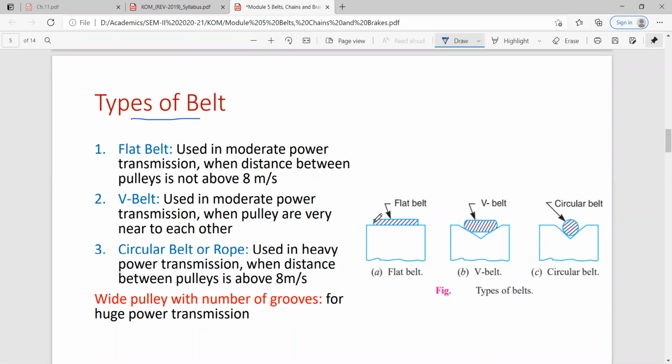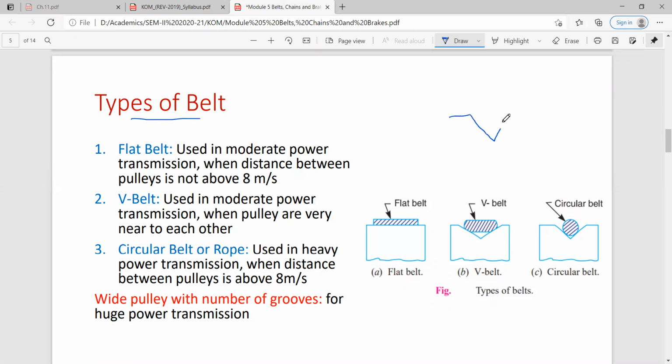You can see in the flat belt, the cross section of the belt is rectangular. Then in the V belt, the cross section of the belt is trapezoidal. It is like this.